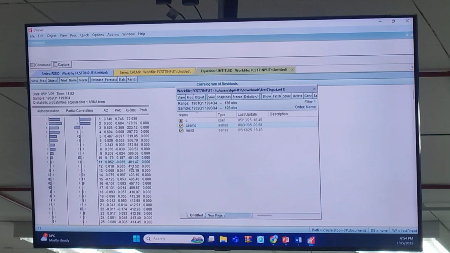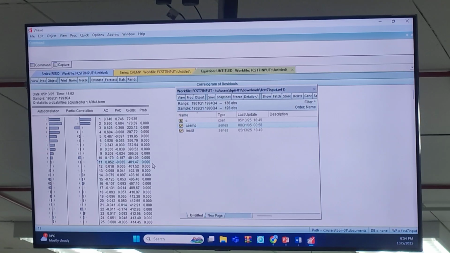The alternative is that at least one of them is not equal to 0. The p-value is 0, less than 0.05. Normally we perform the test at 5% significance level, so we reject.